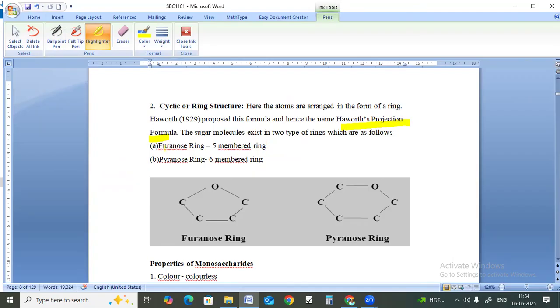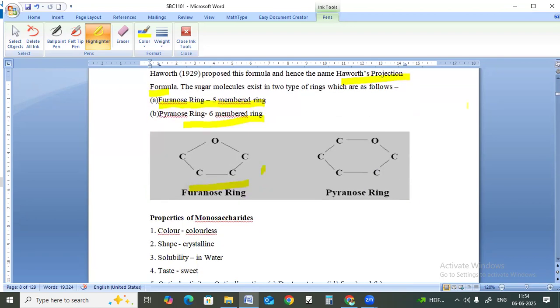One is the furanose ring, a 5-membered ring containing 4 carbon atoms linked with oxygen. Whereas the pyranose ring is a 6-membered ring containing 5 carbon atoms linked with oxygen.